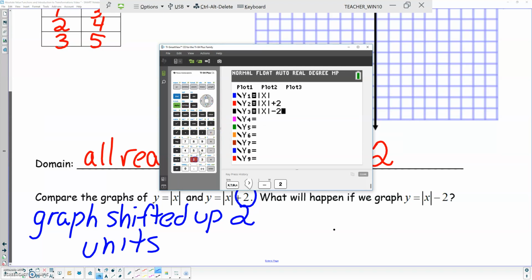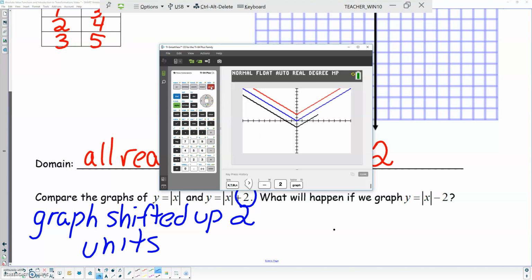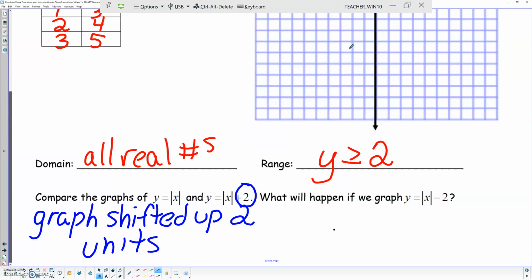All right, and you guys can probably guess what's going to happen. All right, so when I subtract 2, you'll notice my vertex moves down 2 units. All right, so when we subtract 2, the graph is going to shift down 2 units.